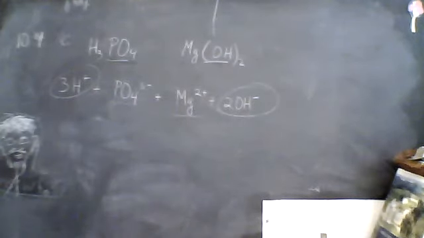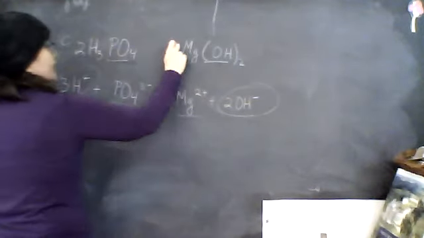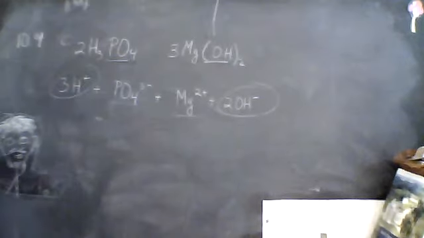So how are we going to balance it? Double the first one. What if we have 2 of these and 3 of these?